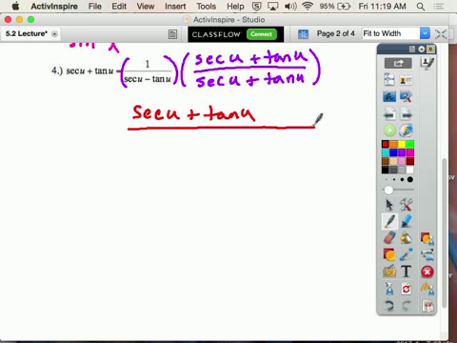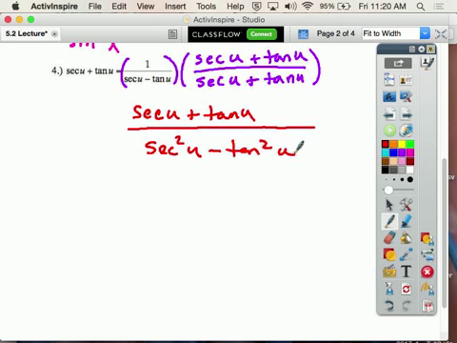So when I FOIL out these two parentheses, rather than do all that work, I can take the shortcut of saying the secant squared of u minus the tangent squared of u. And this allows me to skip some work that I don't necessarily want to take care of.